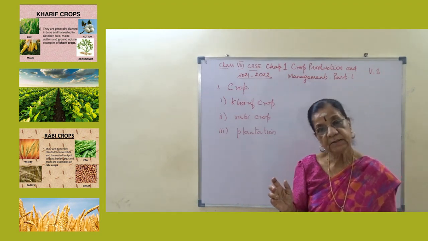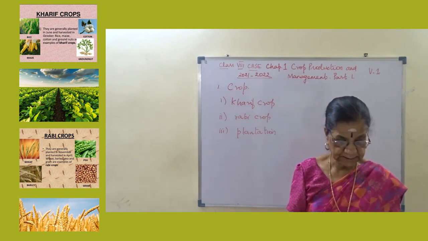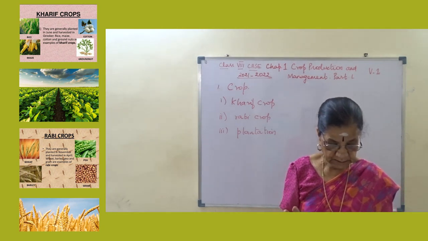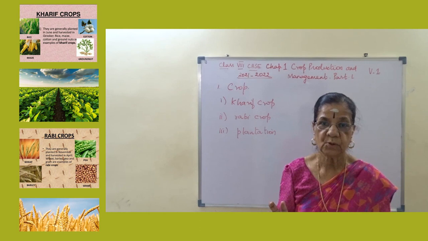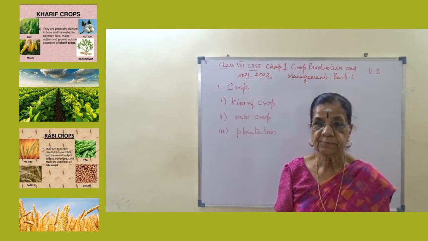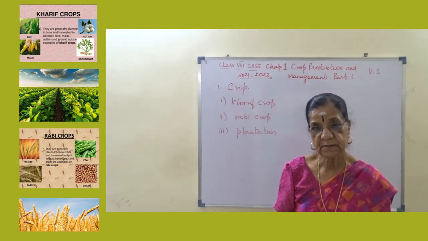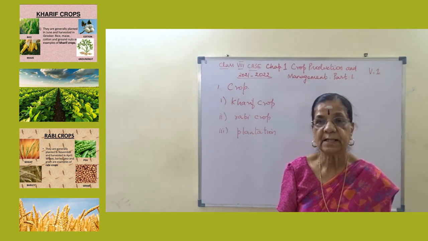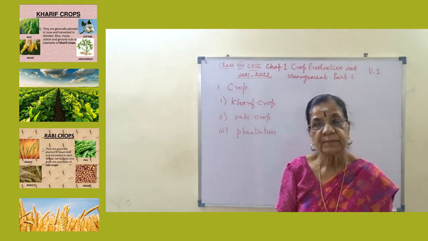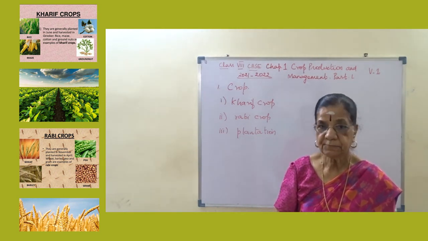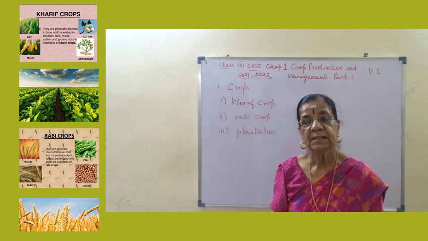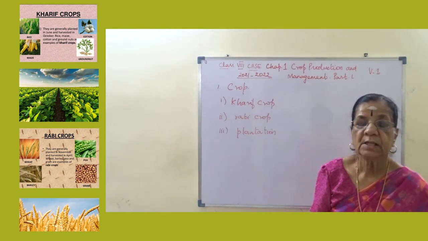India has a vast difference of climatic conditions. What are the climatic conditions? Temperature, humidity and rainfall. They vary from one region to another, especially between northern and southern India.